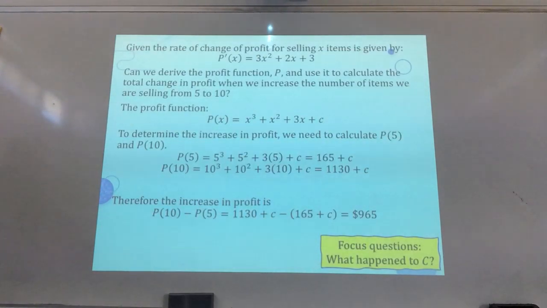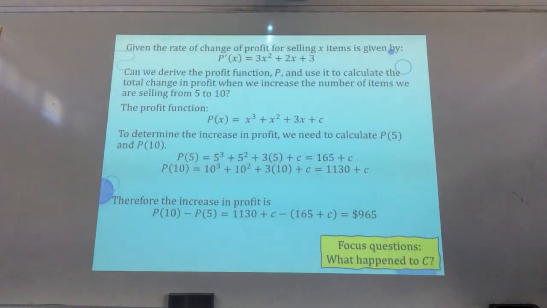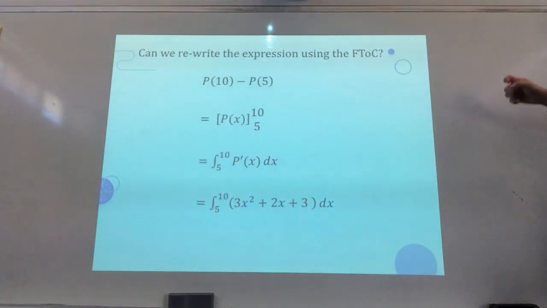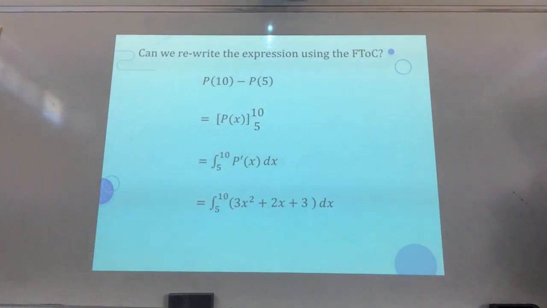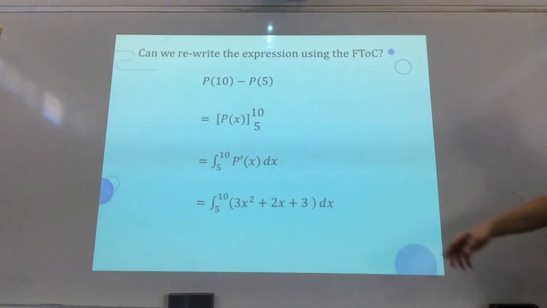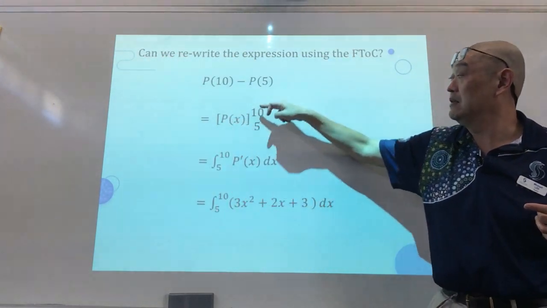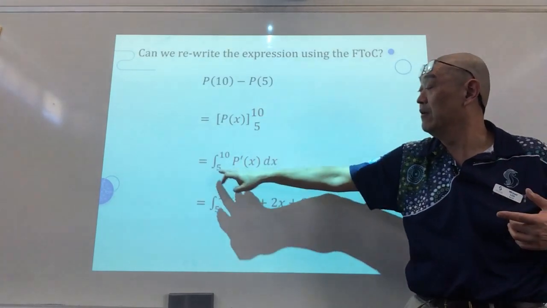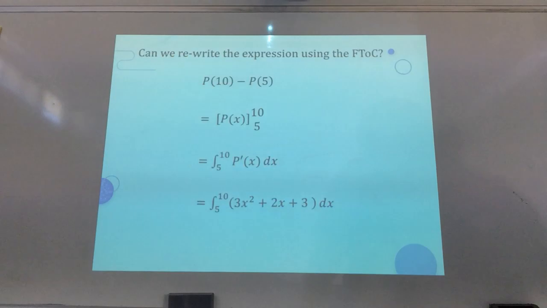So you don't really have to worry about the C. We could write it in terms of the fundamental theorem of calculus. Therefore P(10) minus P(5) is actually the integral of P'(x) from 5 to 10, and I've proven it to you. We could write it in definite integral format.